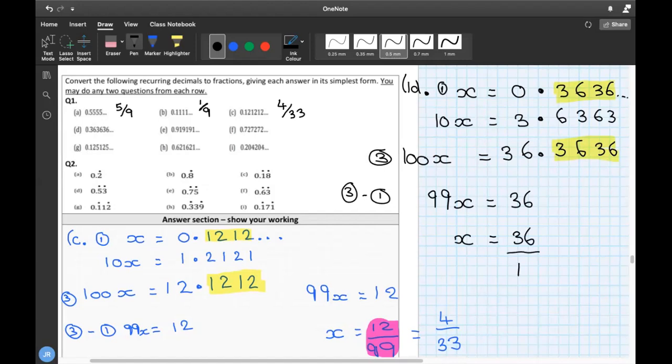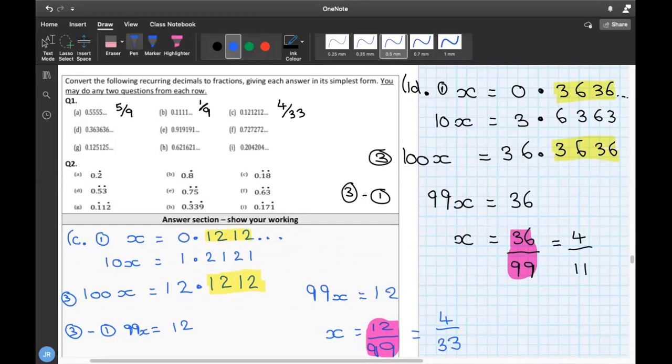So do you see how it's very similar before we simplified to our previous question? It's very, very similar here. But like with all fractions, we must simplify when possible. Both of these are in the 9 times table. 36 divided by 9 leaves you with 4. 99 divided by 9 leaves you with 11.